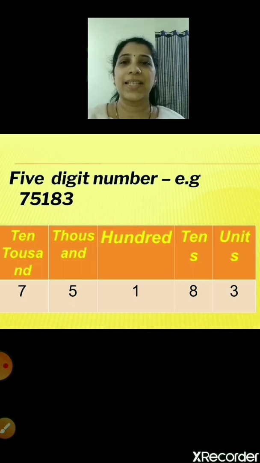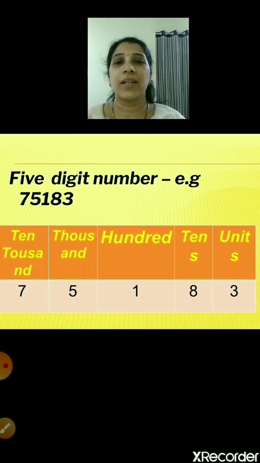So you will read this number as 75,183. As I told you students, it's not necessary that you take this example only. You can take any numbers of your choice, but just remember that they contain 5 digits. Right students?